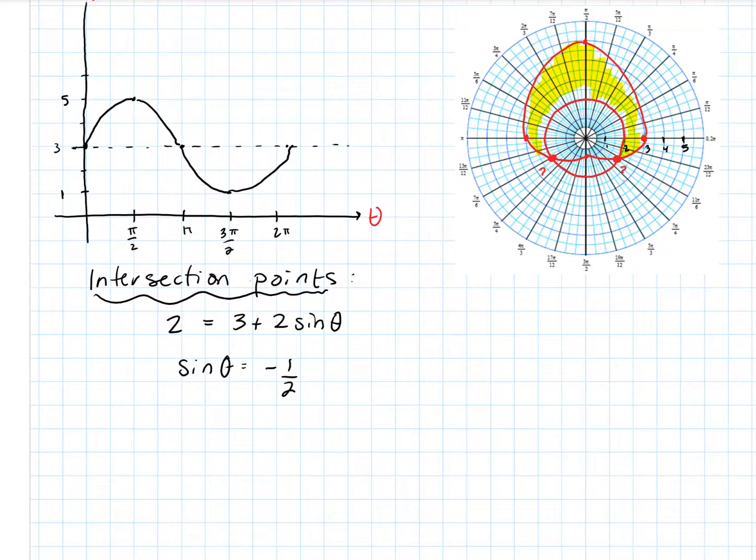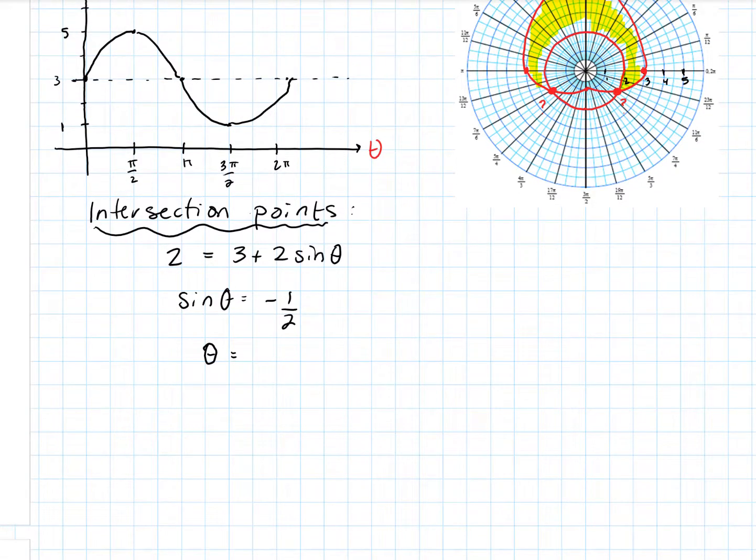And so that's going to occur, of course, at our pi over 6's. Let's look at this in the right quadrants. So that's going to happen at 7 pi over 6.